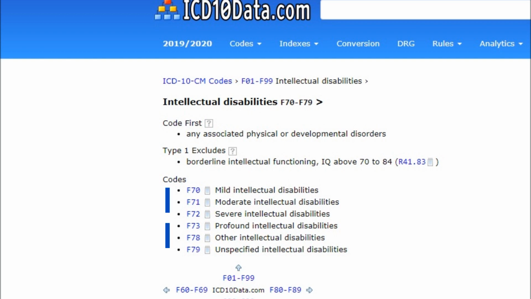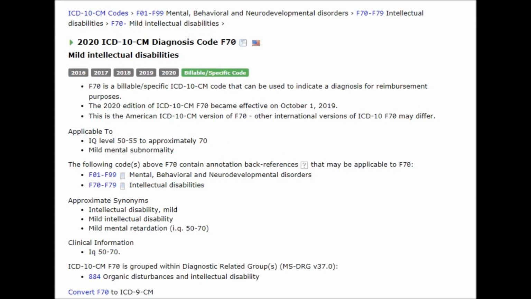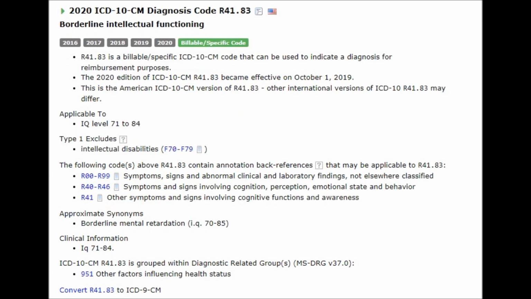And if we look at that side, there is a diagnosis code for the intelligence level. ICD-10 F70 is for an IQ below 70, and above 70 it's said to be borderline intellectual functioning, which also has a diagnosis code for an IQ level of 71 to 84.